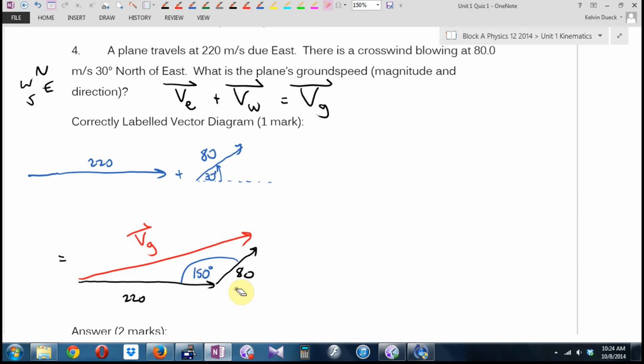Cosine law. What's the cosine law? I don't need to memorize that. It's on my formula sheet.